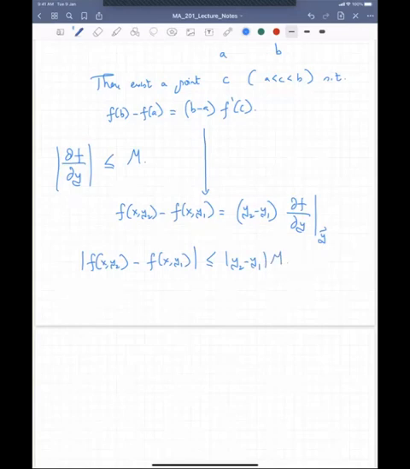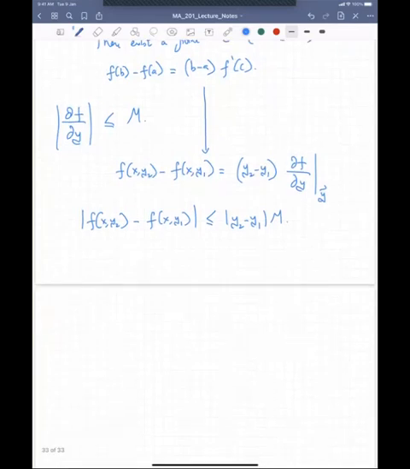Because the derivative is bounded by m, the difference in the value of functions between y2 and y1 is bounded by this quantity. It turns out that this is also easy to test, and it's a slightly weaker condition. This condition is called the Lipschitz condition. If I get the spelling right, this is what it looks like.